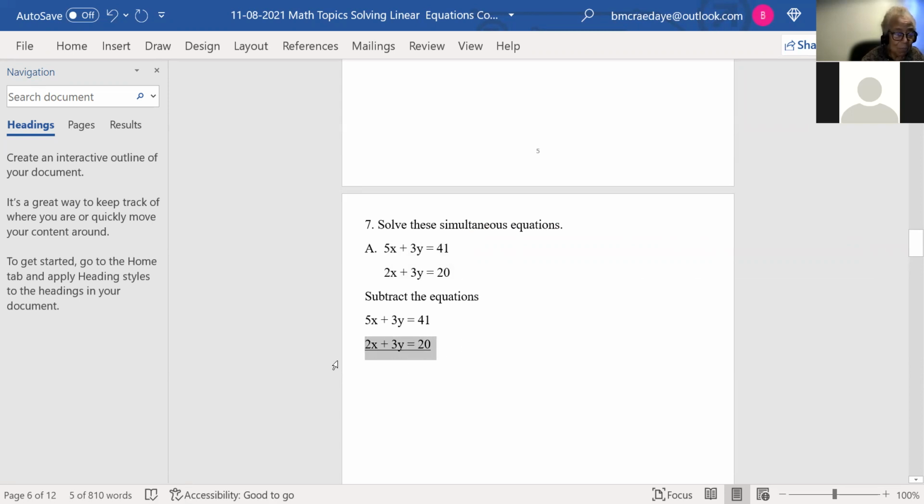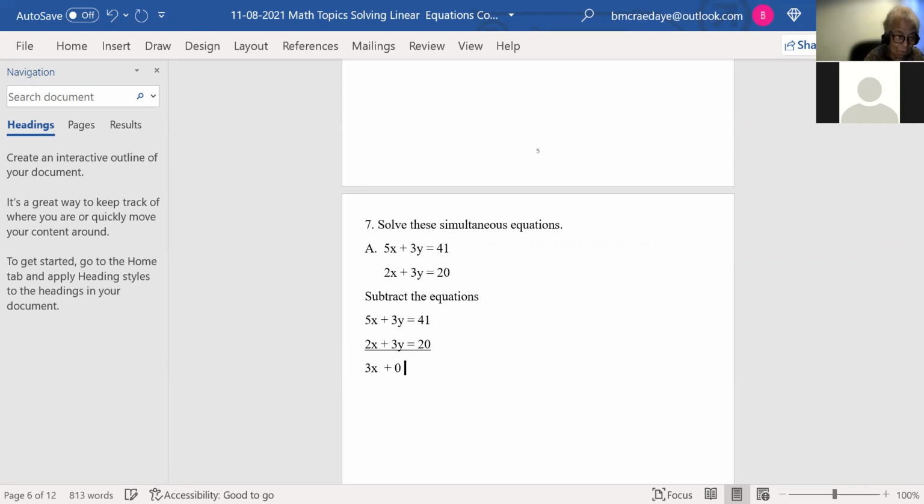And 2x from 3x is what, Maureen? 2 from 5? Oh, you said 3. 5x minus 2x is 3x. And 3y minus 3y is 0. All right. So that's 0.